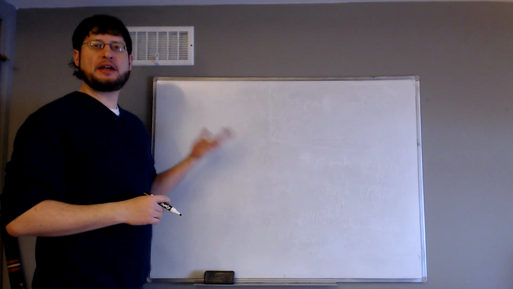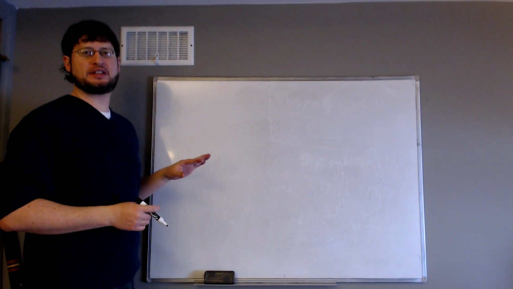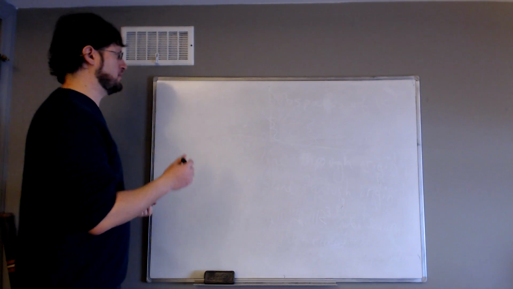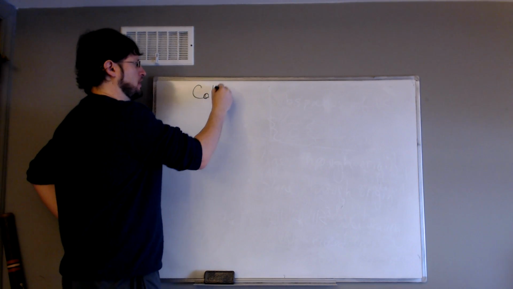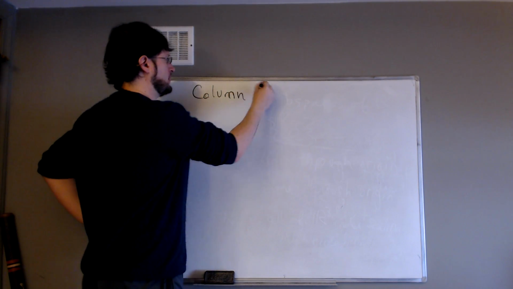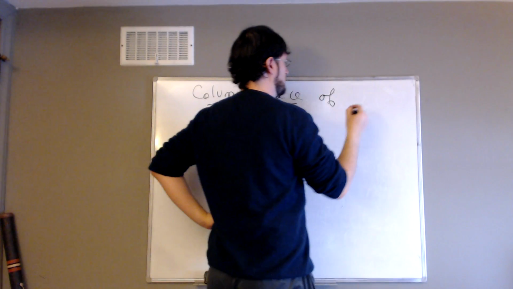Let's start with a matrix and talk about some specific subspaces that come out of a given matrix. All right, so what we're going to look at now is what we're going to call the column space of a matrix.